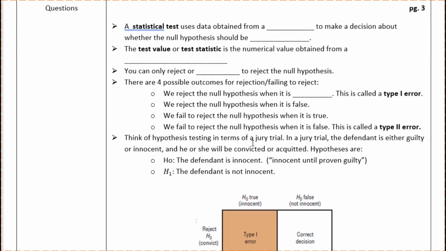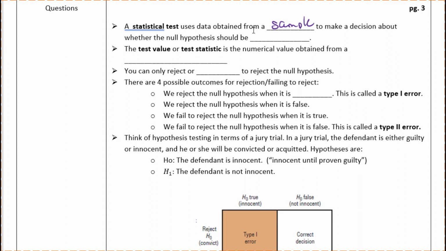All right, so let's look at a statistical test. A statistical test uses data obtained from a sample. So if you want to test a population parameter, you've got to get a small sample from the population.